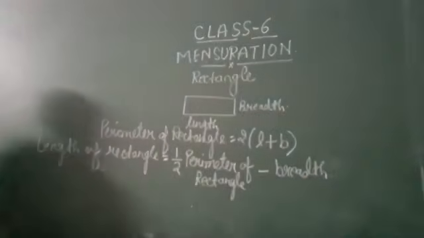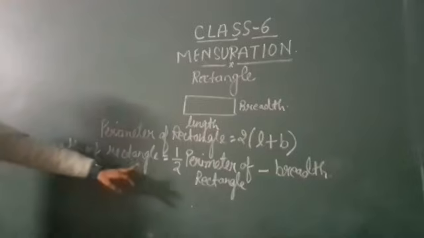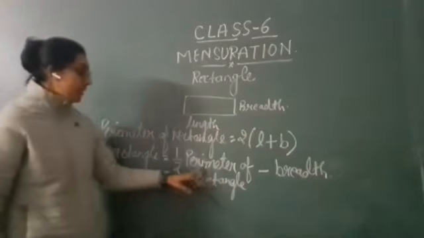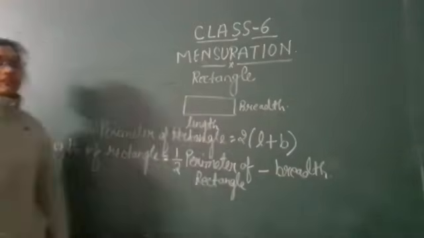Length of rectangle is equal to 1/2 perimeter of rectangle minus breadth.